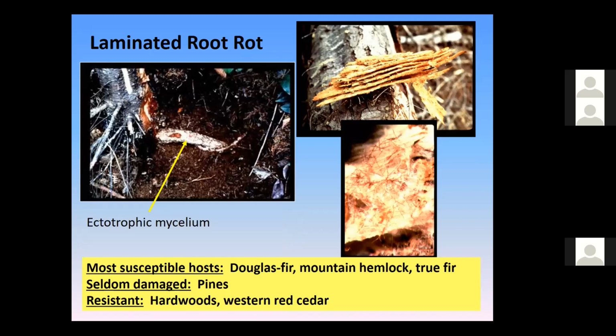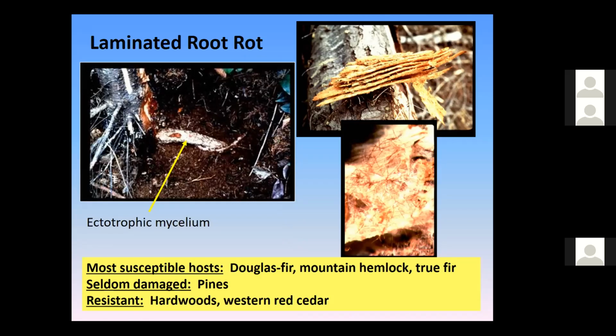One of the big ones with Douglas fir is laminated root rot. And the decay pattern, if you pulled out some wood from the root area or even an old stump, you're looking edge on at the annual rings here, and the fungus decays between the annual rings, and so they start to separate.